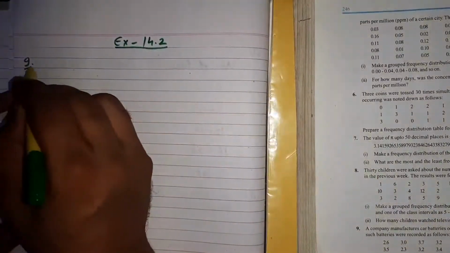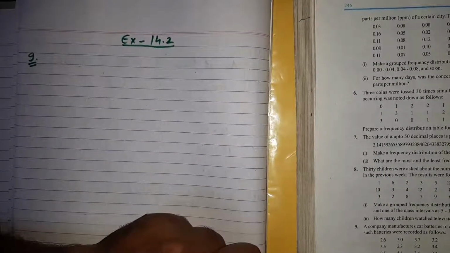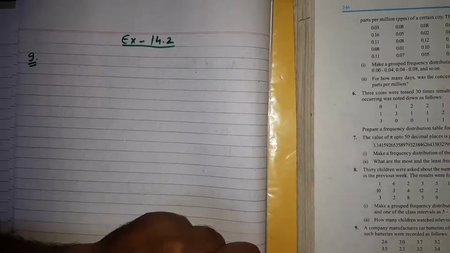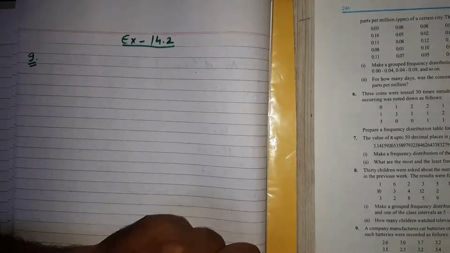Okay, the solution is, in this question we have to make a group frequency distribution table. The class size is given as 0.5 and we have to start the class interval at 2 to 2.5.